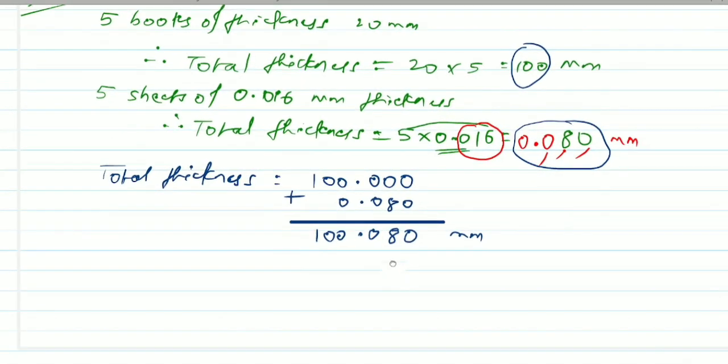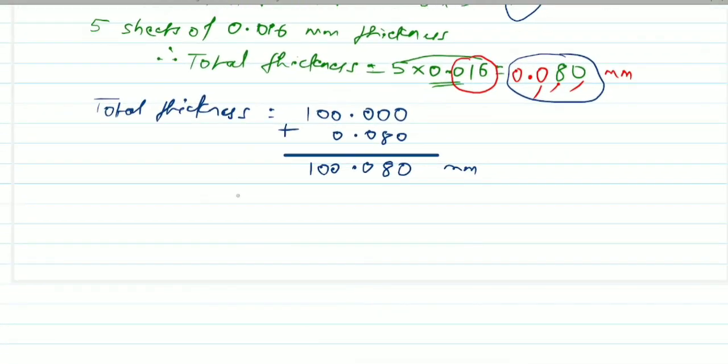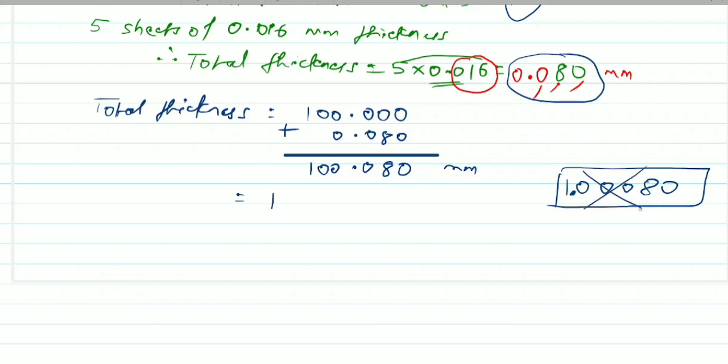Now, if you want to write this in standard form, how will we do that? Standard form means we have to write the answer like this. If it's like this, we have to give the point here to make it in the standard form. Then it becomes standard form.